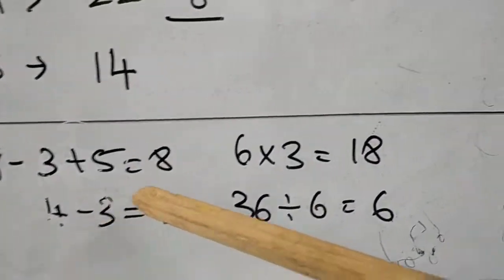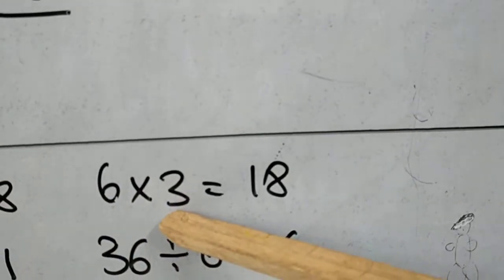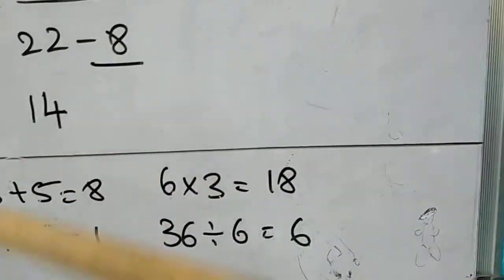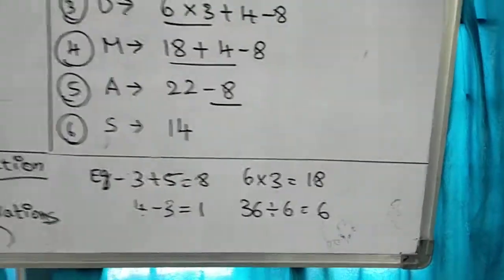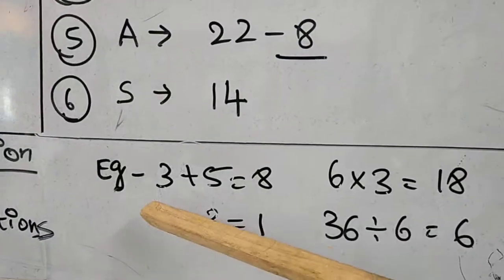Did you understand? Now see here, 6 into 3. 6 is a number, 3 is a number, and this into sign is joining them to create an expression. Understood, kids?